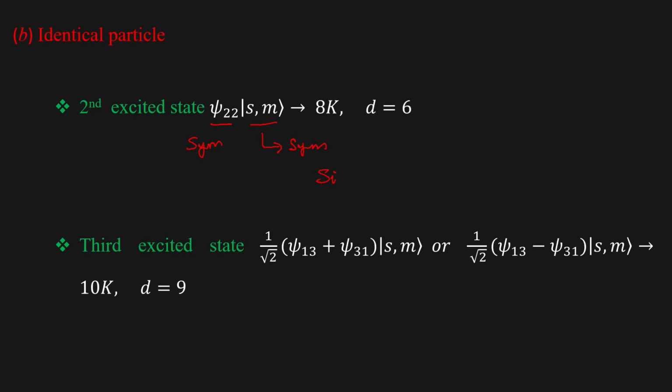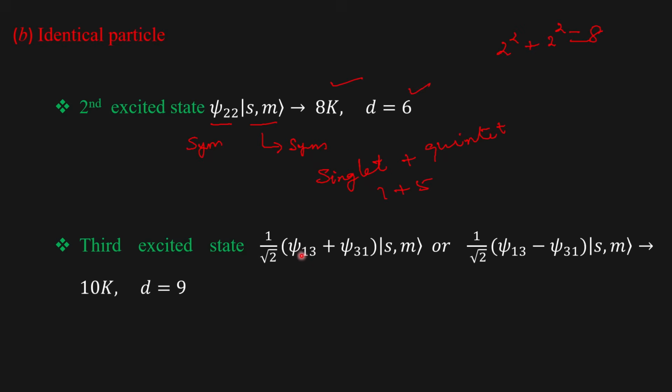You have the singlet, which is a symmetrical one here, and the quintet, a symmetrical one. So 1 plus 5, which is 6. Then what is the energy level? 2 squared plus 2 squared, which is equal to 8. 8k.